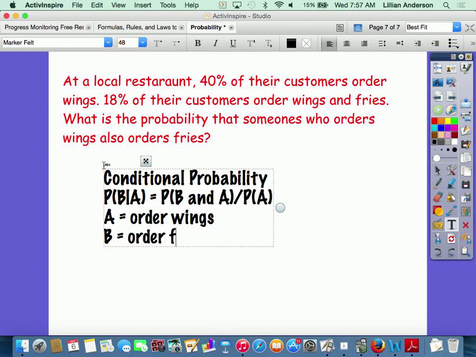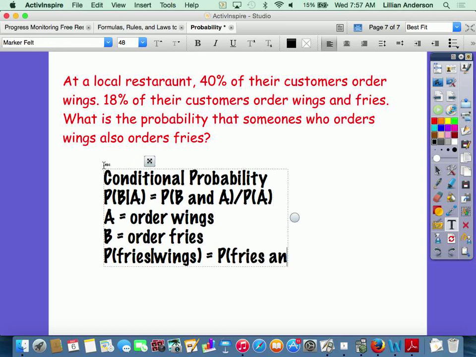So when I plug it into my formula, this is basically going to be the probability that they order fries given that they order wings. To figure out this probability, I'm going to take the probability that they order fries and wings and then divide it by the probability that they're going to order wings. That is conditional probability.